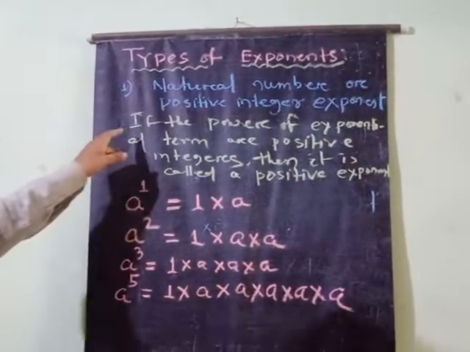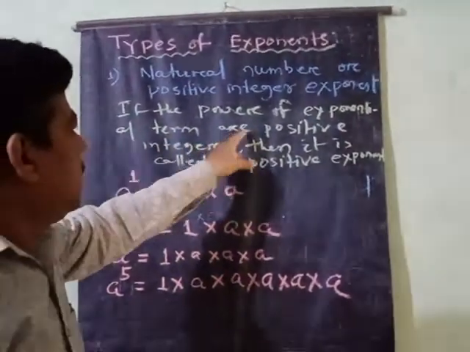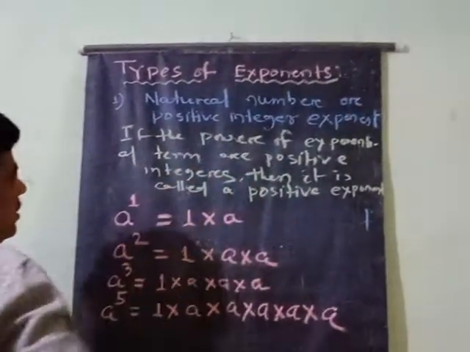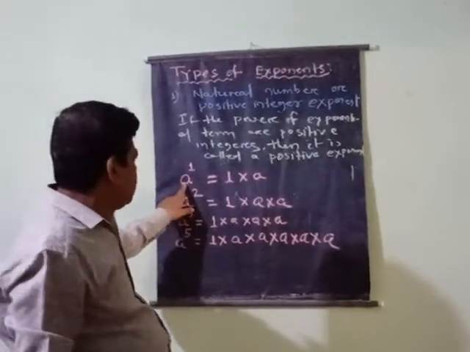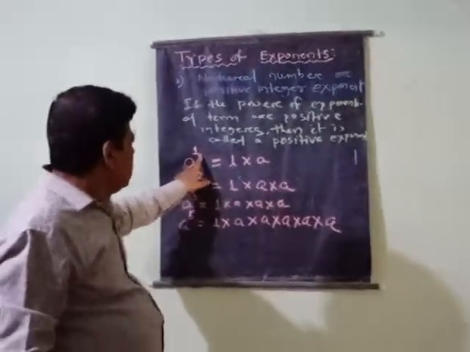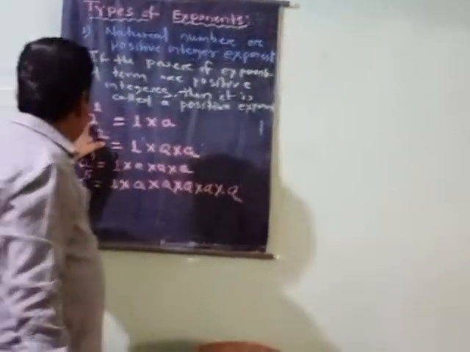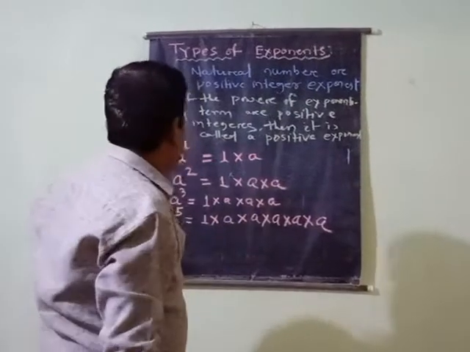So you see now, if the power of the exponential term is a positive integer, then the resulting exponent will be a positive exponent. A to the power 1 is a positive exponent because the power is 1, which is obtained in the form of expansion by multiplying the base a by 1, how many times? 1 time.